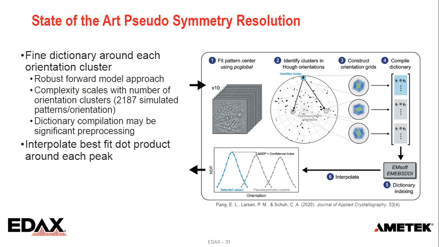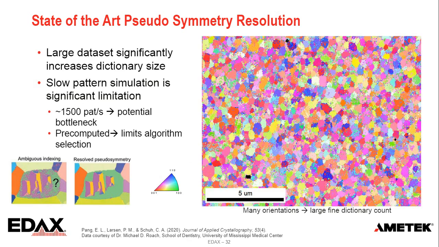But because the existing pattern simulation is slow, it's sort of an offline, slower process. The other challenge is that you have to make a dictionary for every orientation. So if you have a big data set like this one on the right, you're going to have to generate a lot of dictionaries, which is going to slow you down.